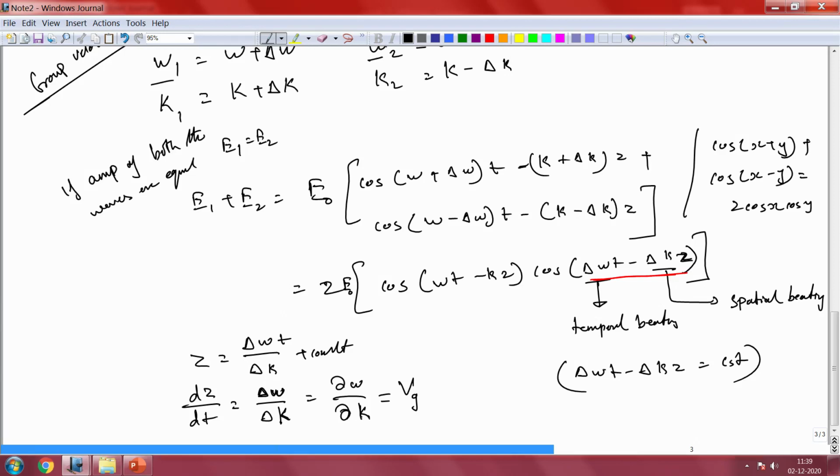The velocity at which this group of waves moves together, they are not splitting, they are moving together, but the speed of that bunch or that envelope is different. We normally represent it as that beating.